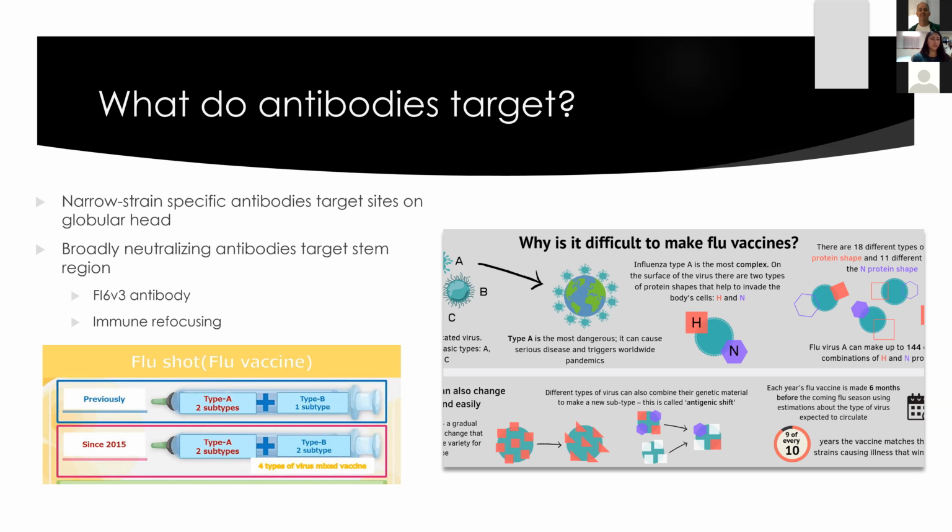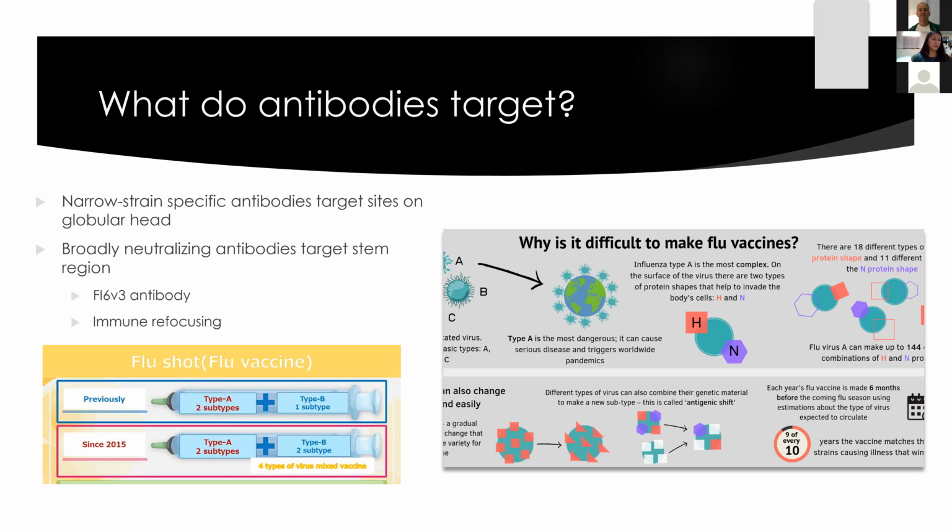There are also strategies to target the epitopes on the stem of the protein, but the stem is actually more conserved and less exposed. So there are fewer mutational changes, but sometimes it's harder to get at. Broadly neutralizing antibodies are a strategy that they're coming up with, and there's one antibody, the F16V3 antibody.